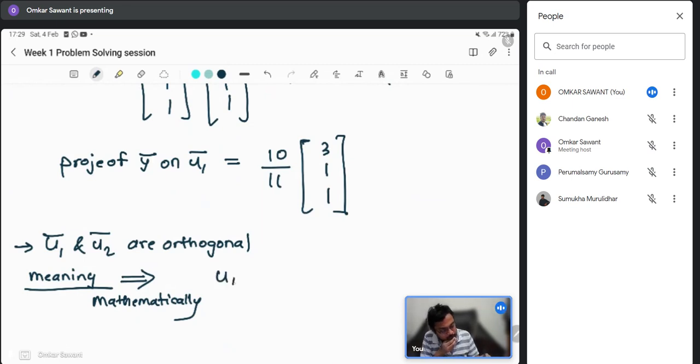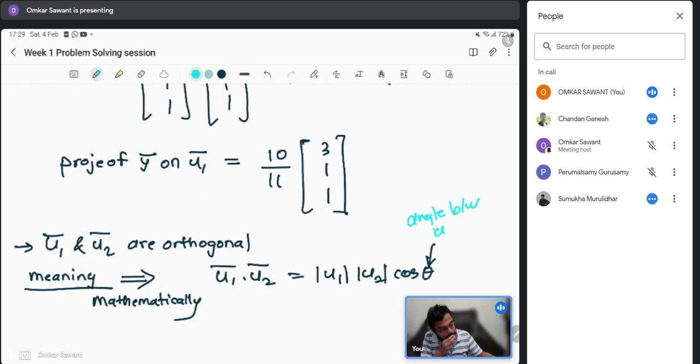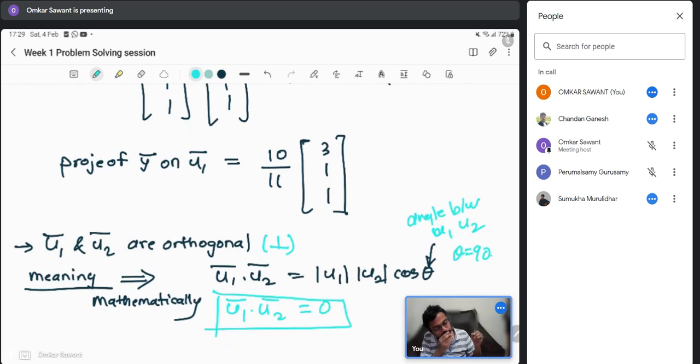You told now u1 bar dot u2 bar will be this, right? Theta is the angle between u1 and u2, right? So in orthogonal, that is perpendicular, what will be the theta? 90, sir. So u1 bar dot u2 bar will be 0 for orthogonal vectors.